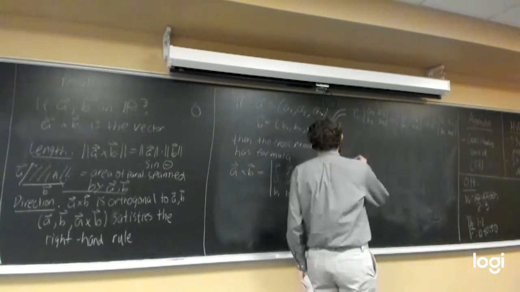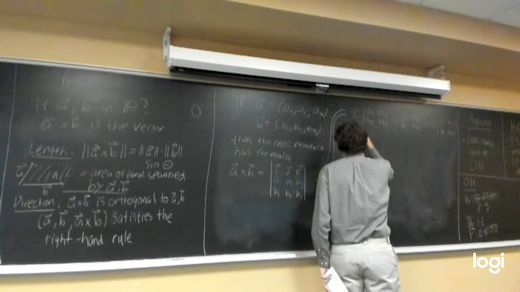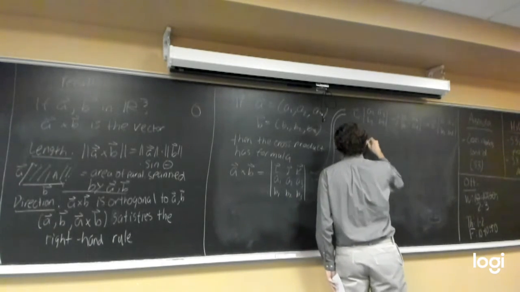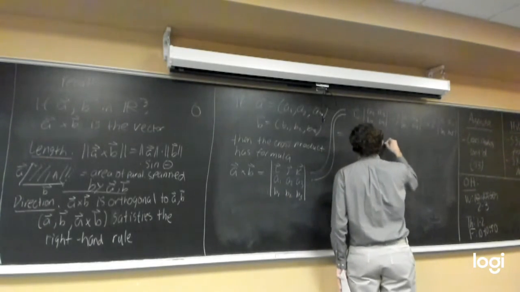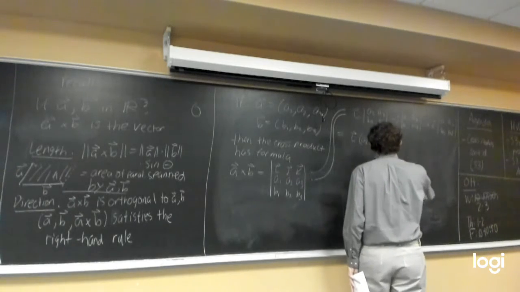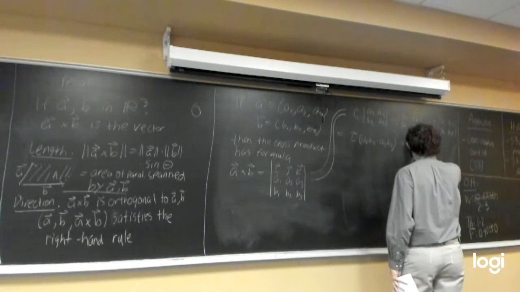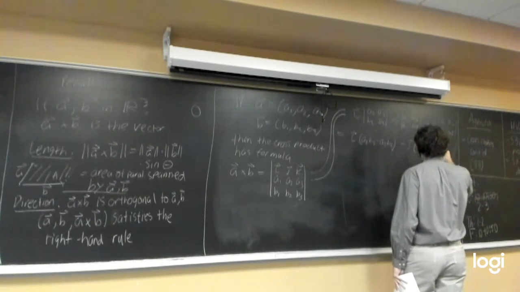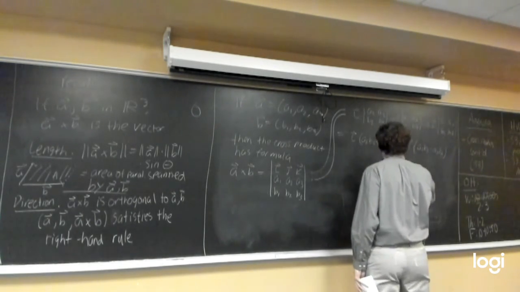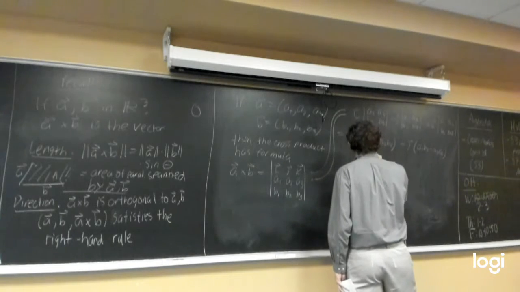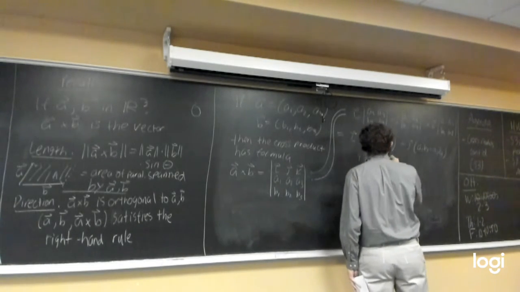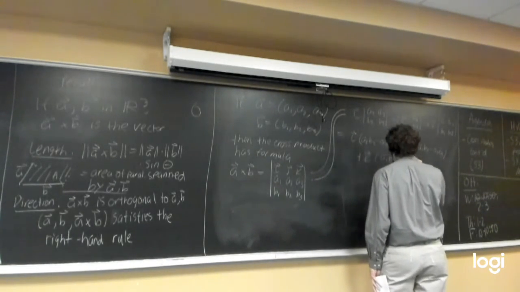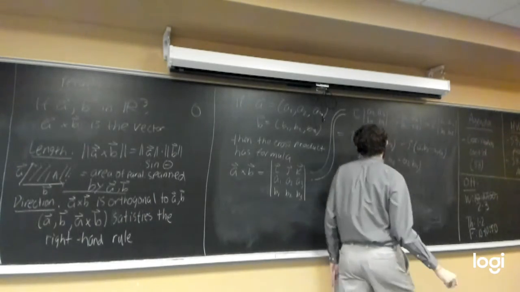If we evaluate this out, it's going to be standard basis vector i times A2, B3 minus A3, B2, minus vector j times A1, B3 minus A3, B1, plus vector k times A1, B2 minus A2, B1.